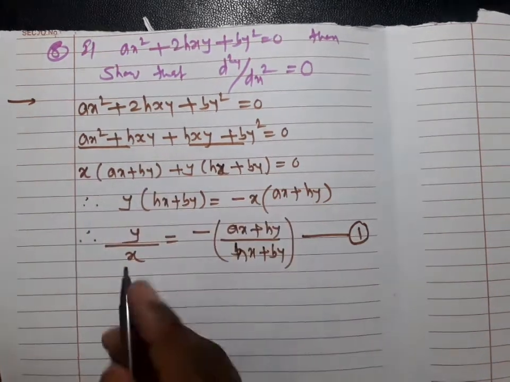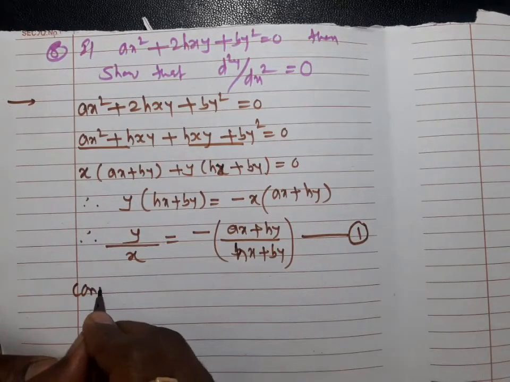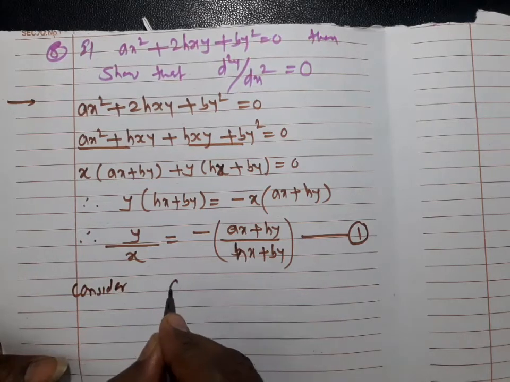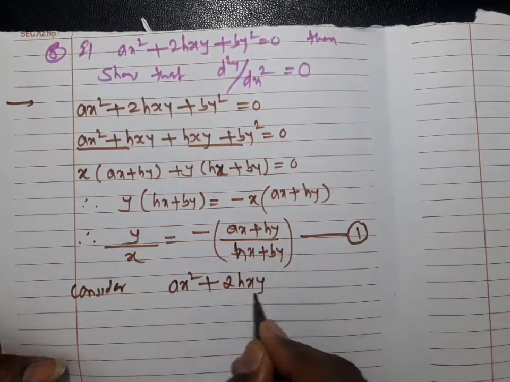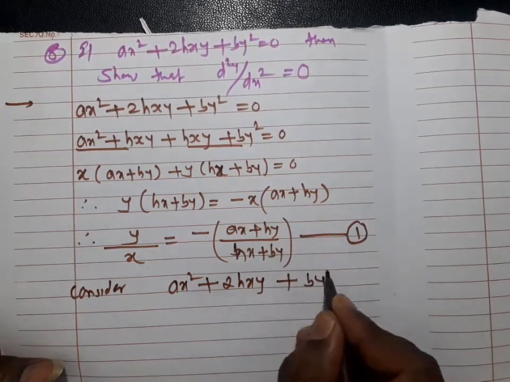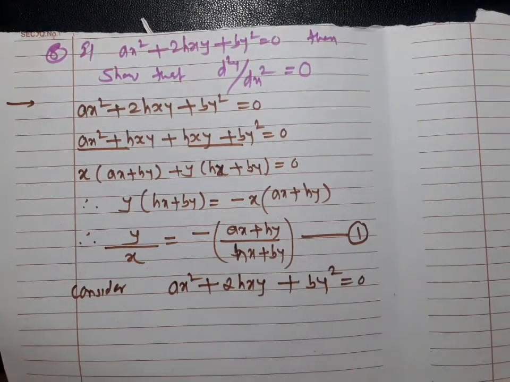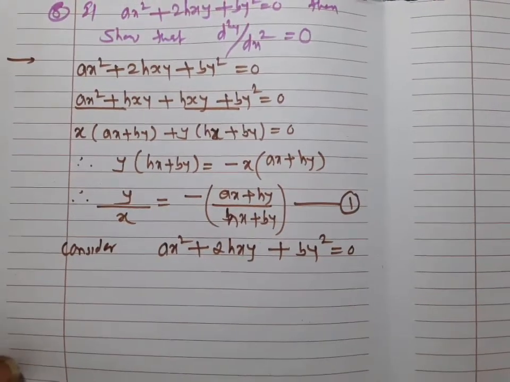Okay, just factorize. Now consider ax square plus 2hxy plus by square is equal to 0, which we have to differentiate.